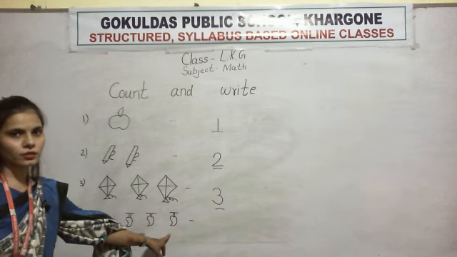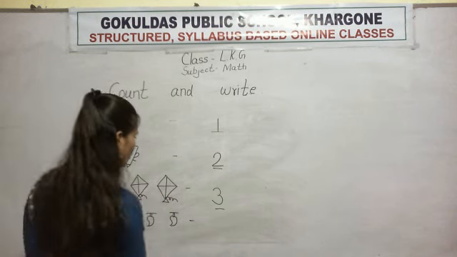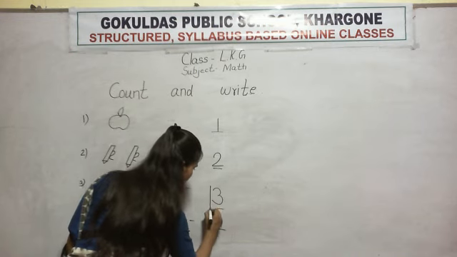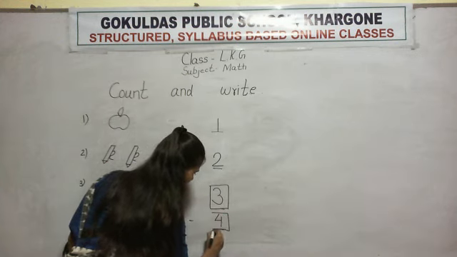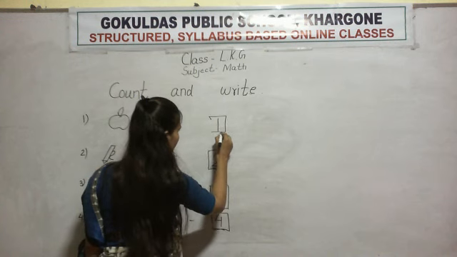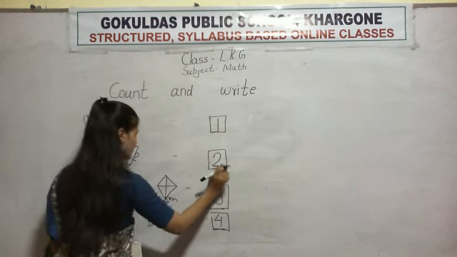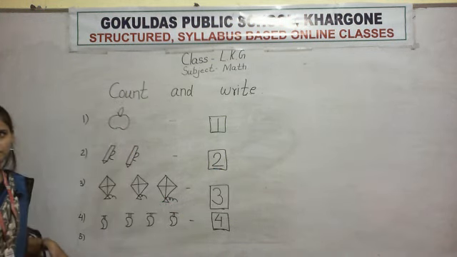Okay. How many mangoes are there? 4. So here we write number 4. Okay. Okay, last example. Example number 5.